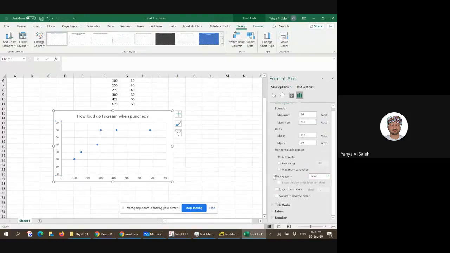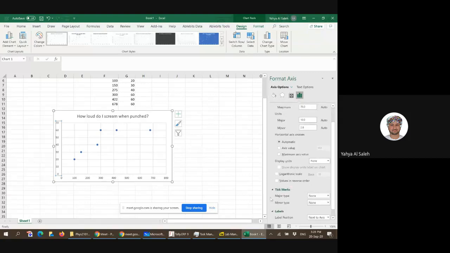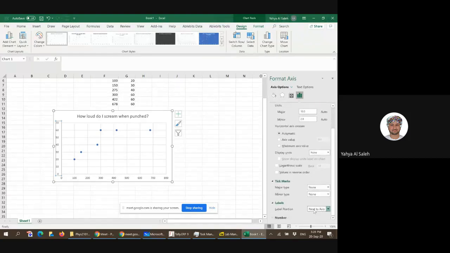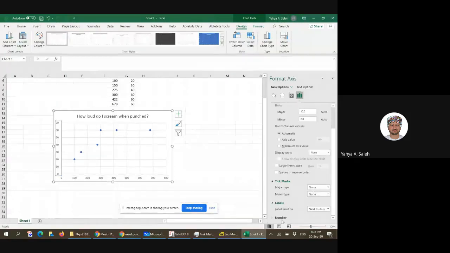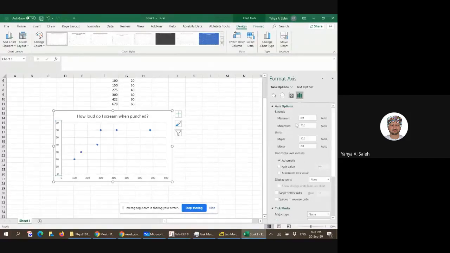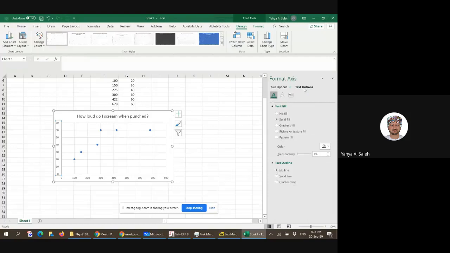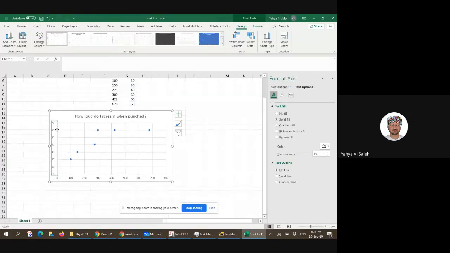No. Label position, next to axis. So I don't know why it's not appearing. And I'm doing this live with you. I haven't prepared this beforehand, because I want you to see that even I can have problems with this.